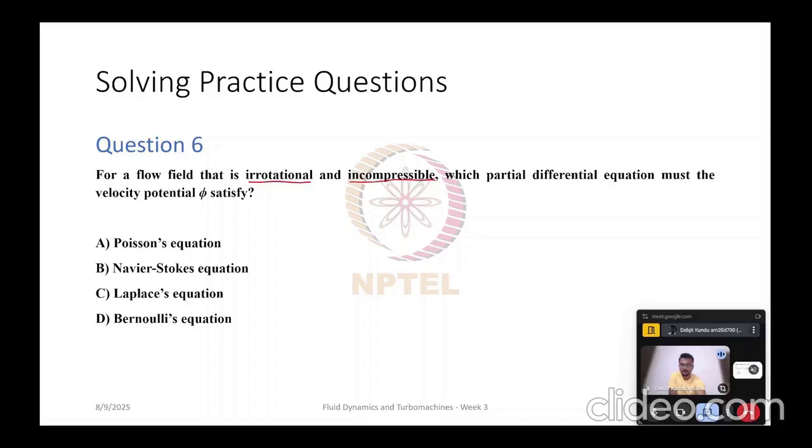Let's take a look at the solution. It's actually option C, Laplace's equation. So we will go through this.